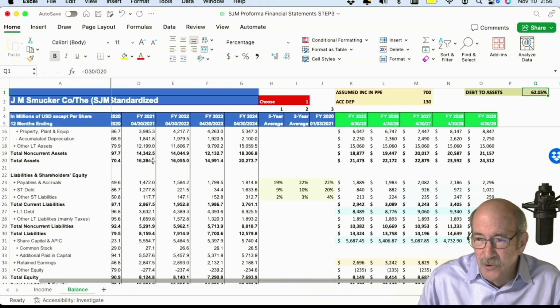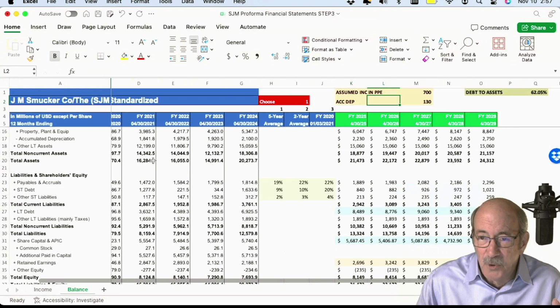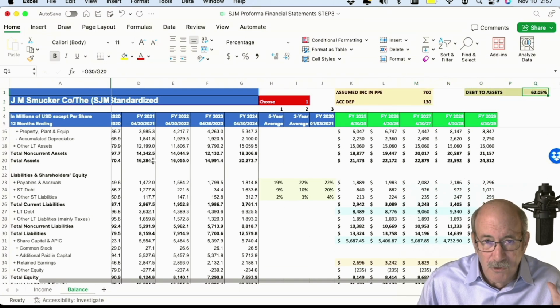Now, you could do a different leverage for each year if you wanted to, and you could put that right along with the year, same thing with your PPE and your accumulated depreciation. So you could have all 3 of these cells filled: PPE, accumulated depreciation, and then leverage. In my case, I just chose to use this leverage throughout the 5 forecasted years.